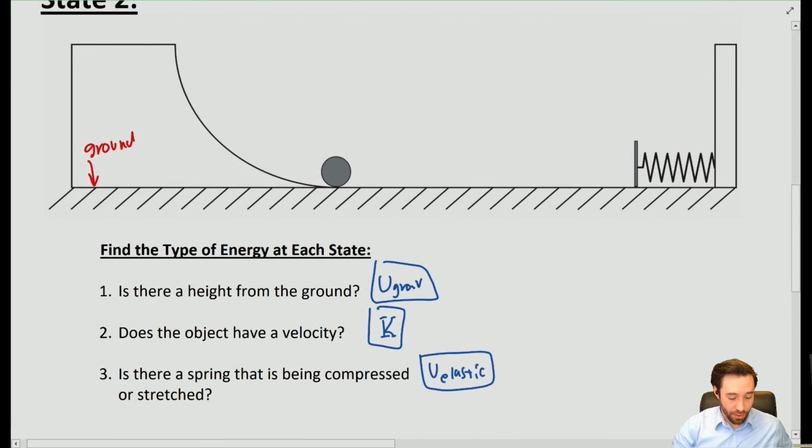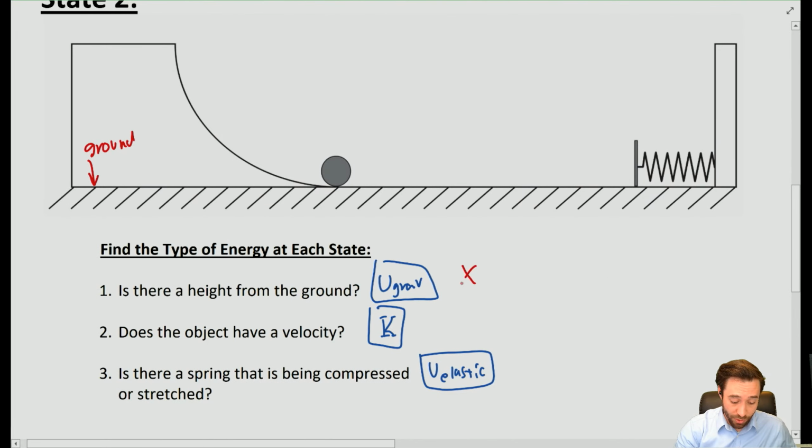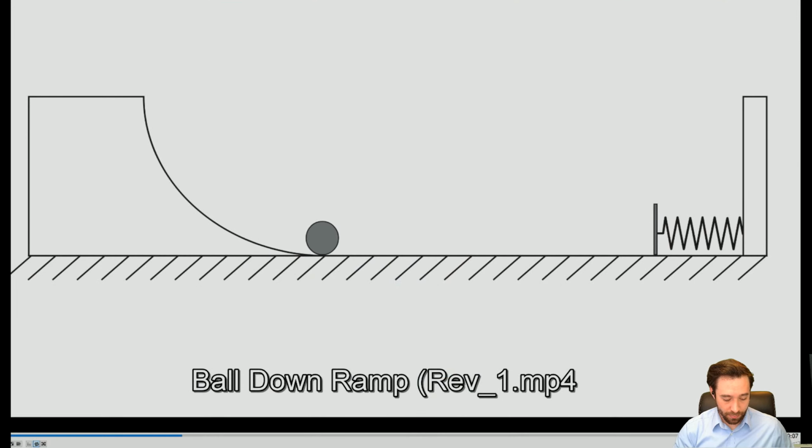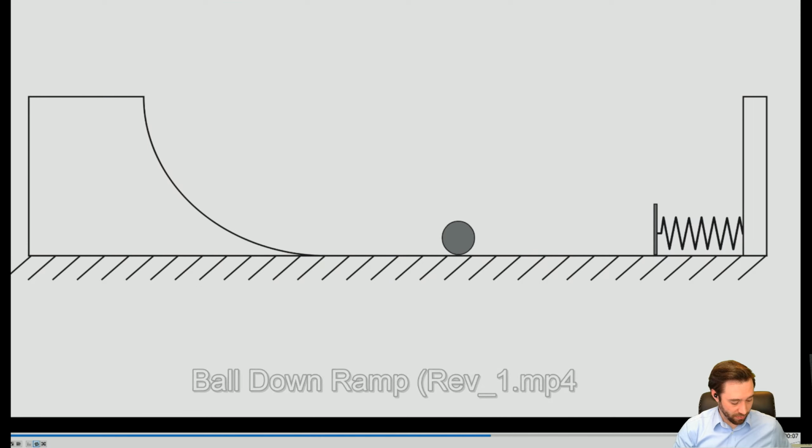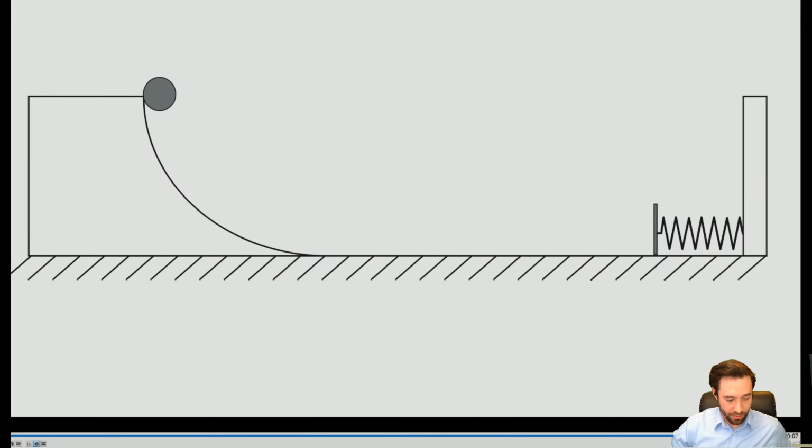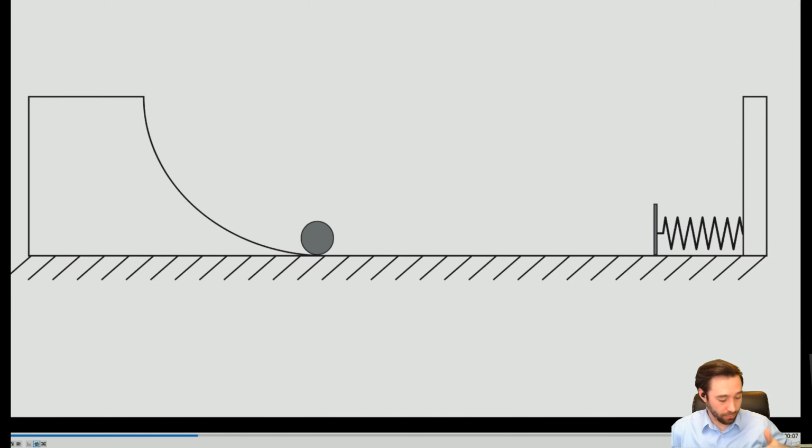If there's no height from the ground, then there is no gravitational potential energy. When it reaches the bottom of the ramp, does the object have a velocity? When it reaches the very bottom, right about here, I'll see if I can add a velocity vector in Adobe Animate, which will grow and shrink depending on how fast it's going.